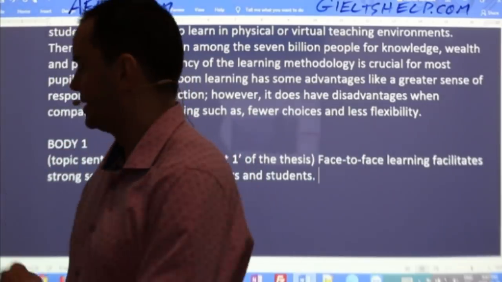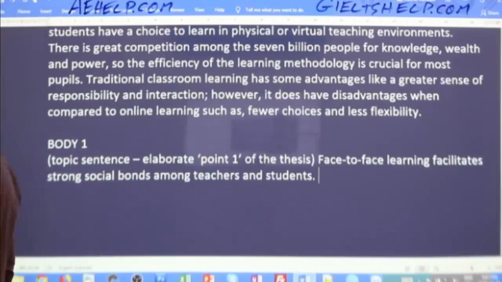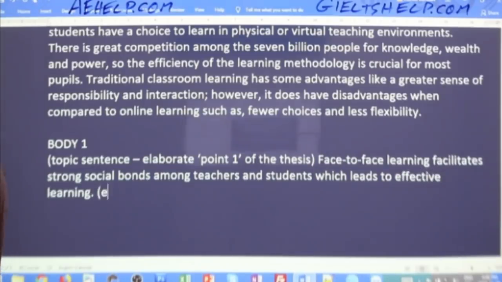That's what facilitate means, okay? So creating an environment for development. So face-to-face learning facilitates strong social bonds amongst teachers and students, which leads, we can expand on that, to effective learning, okay? And then we need an explanation, okay?